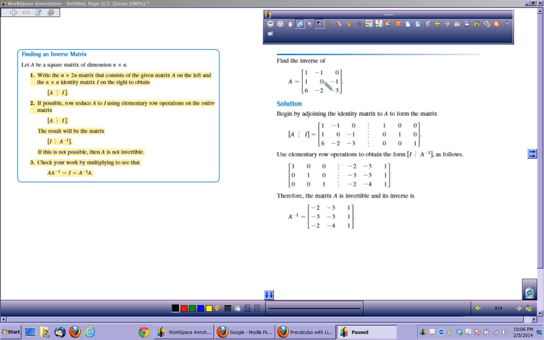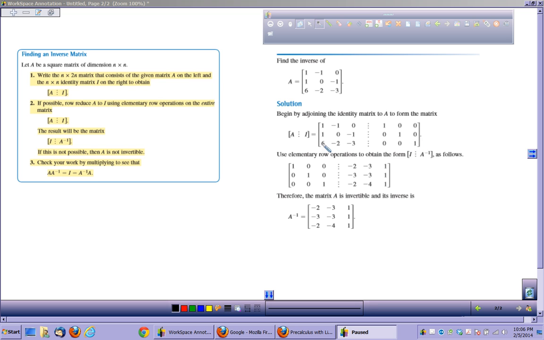So you take this matrix and you put it right here, and then you split it up so that it's an n by 2n, meaning there's 3 rows and now 6 columns, where the second 3 columns are the identity matrix. That would be the 3 by 3 identity matrix, and you write that over there.